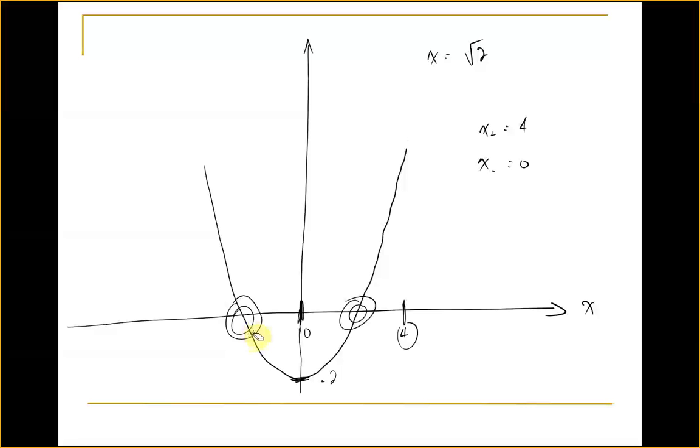Are you following me? Yes, sir. Alright, so what we're going to do now is say we want just the positive answer. So one bound is 0, and we definitely just want to know we pass this point.